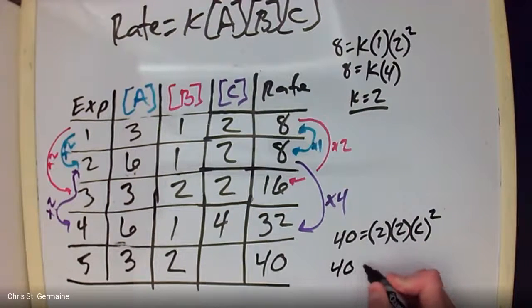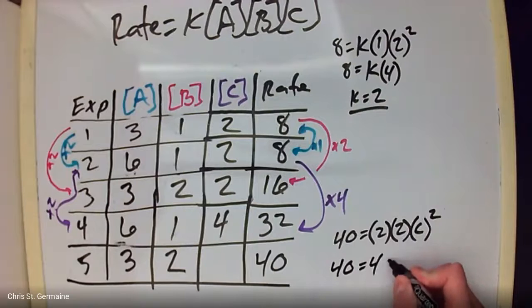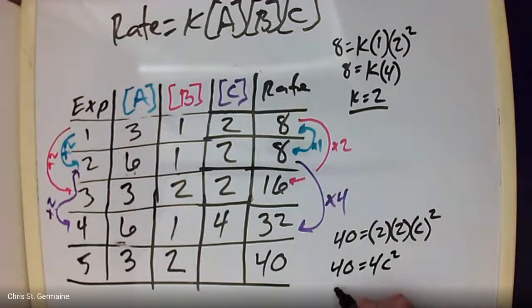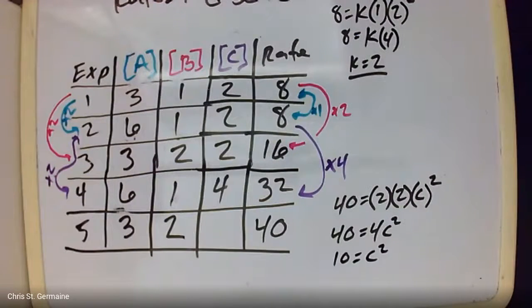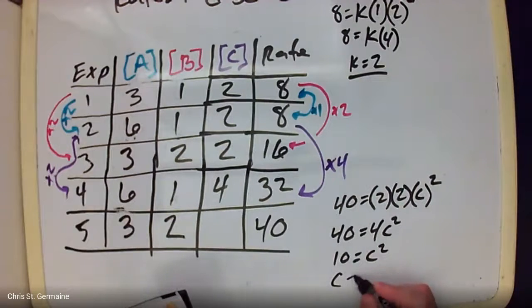So 40 equals 4C squared. So 10 equals C squared. So we would just take the square root of 10 to get C. All right, how are we feeling about that?